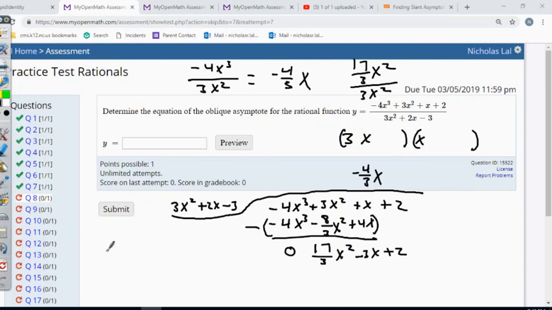So what times 3? X times 3 equals 17 over 3. Nine x is equal to 17. So x is equal to 17 ninths. So that's plus 17 over 9.